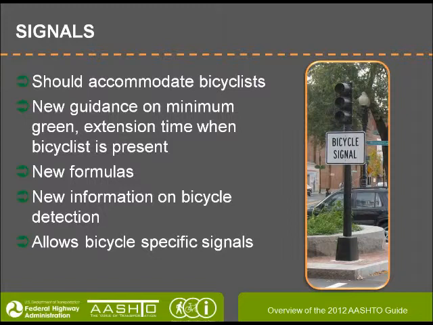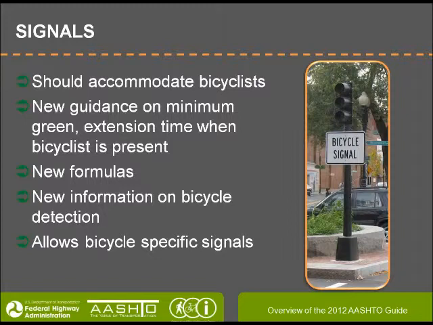Okay, another area that the guide has that's been significantly expanded is the section on signal design. There's a very strong statement, much stronger than the previous guide, about accommodating bikes at signals and the need to understand their characteristics and design signals accordingly.